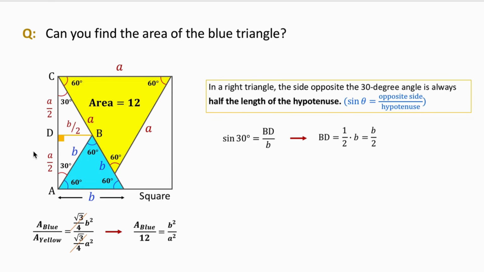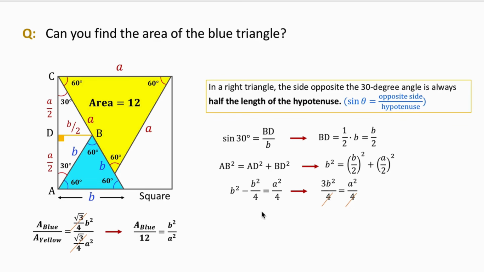Now, the relation between side lengths A and B can be determined by this equation. The result becomes this expression or this, and if we simplify it by canceling out 4 from both sides, the ratio of B squared to A squared becomes 1 over 3.